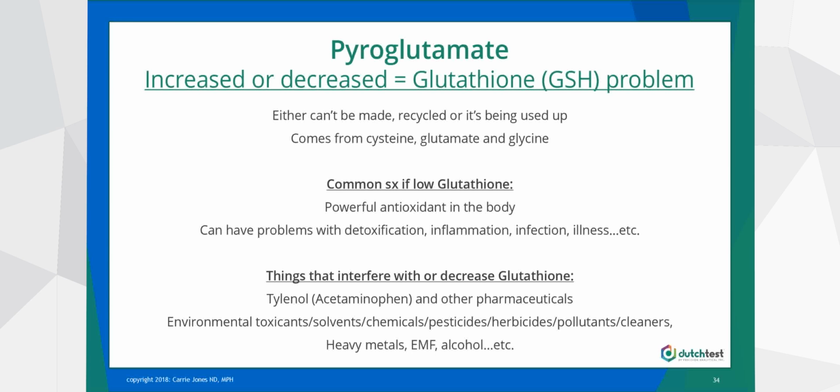Things that interfere with or decrease your glutathione: anything that affects your liver. Tylenol or acetaminophen, of course, goes right through the liver, and that can be a real big problem using up your glutathione. Any kind of environmental toxic exposure, solvents, chemicals, pesticides, herbicides, pollutants, cleaners, all that, heavy metals, EMF, alcohol, all that stuff reduces your glutathione.